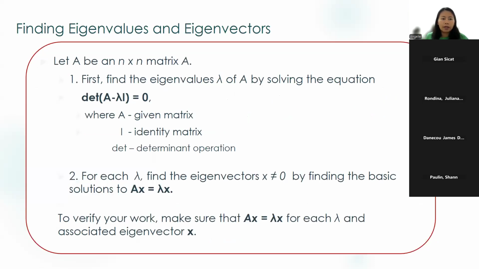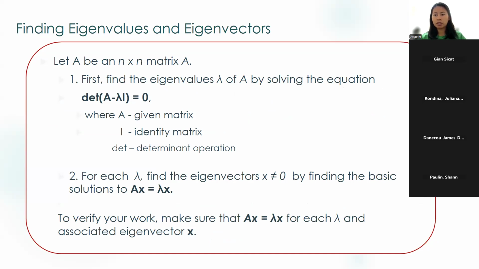Okay, how are you going to find your eigenvalue and eigenvector? So we let A be an n by n matrix. First, we find the eigenvalues lambda of A by solving the equation determinant of A minus lambda I equals 0.